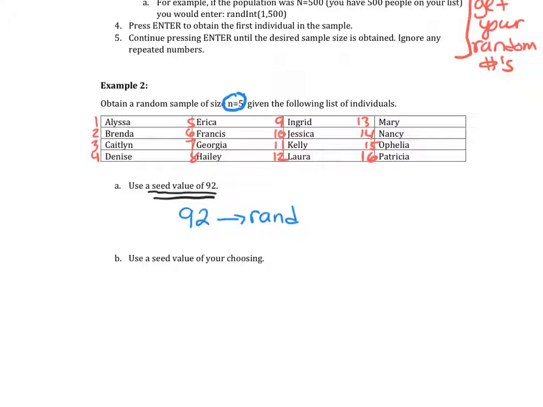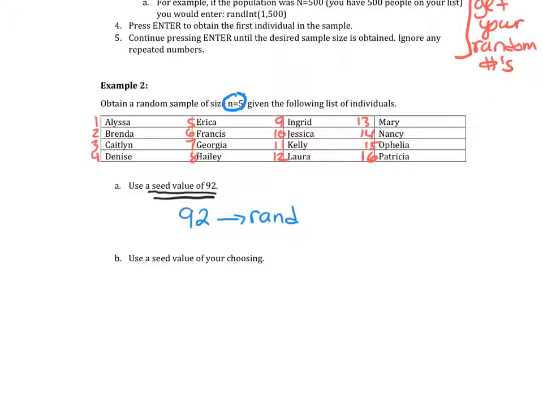Some of you have a list where you have to type in numbers. If you have the parentheses, you need to tell it how many individuals you have in your population. So you're always going to start with 1. And then you use the comma button, which is right above 7. And then you put your total number in the population. In this case, we have 16. So you should have RAND INT 1, 16, close the parentheses, and hit enter.